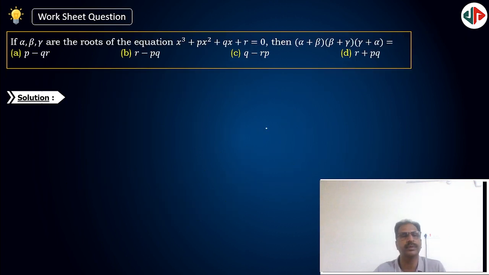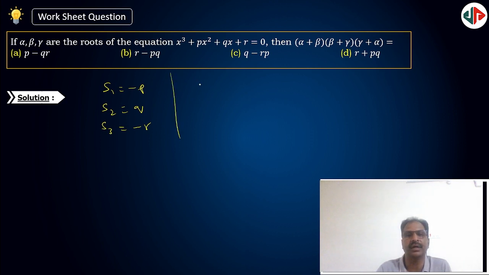Next, alpha, beta, gamma are the roots of that equation. So S1 will be minus p, S2 will be q, S3 will be minus r. Then the question is finding alpha plus beta into beta plus gamma into gamma plus alpha. What is S1?